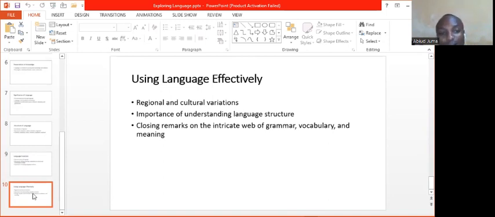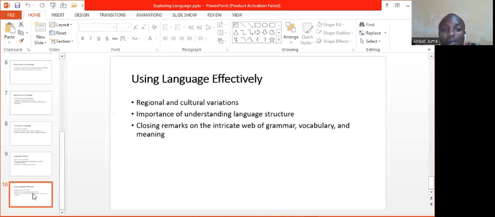So before you use a language, you must be considerate to understand what this word means in this context, at this place, in this community, compared to the other one. So that helps you also to be an effective communicator.